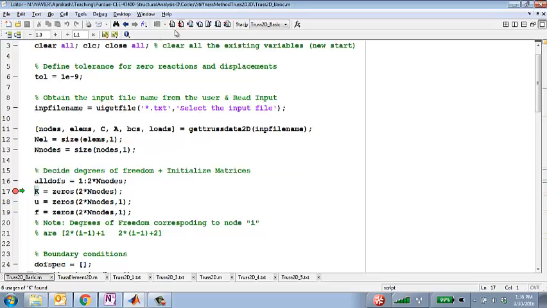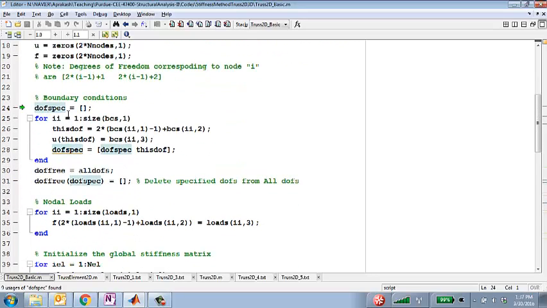The first thing we do is construct these empty K, U, and F matrices and vectors. And then depending upon the boundary conditions, you have to determine which degrees of freedom are free and which are fixed.